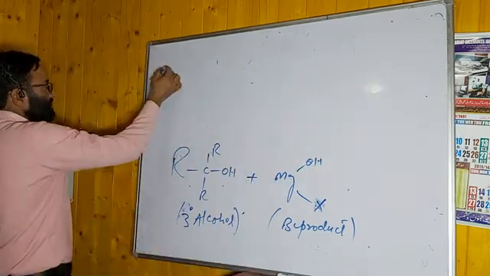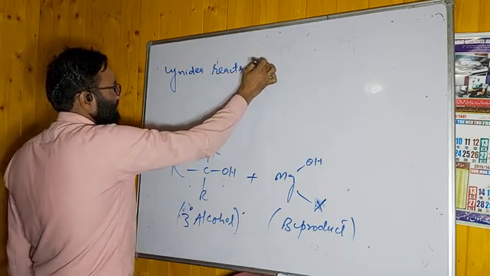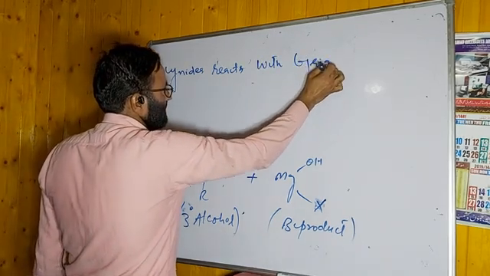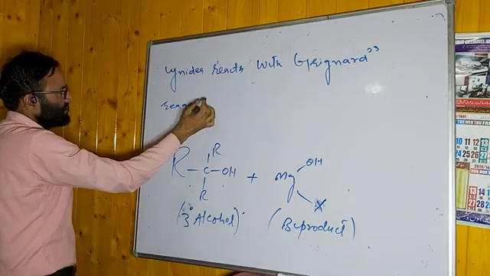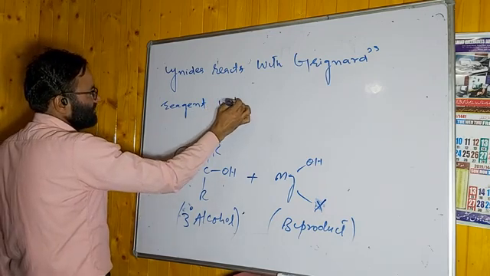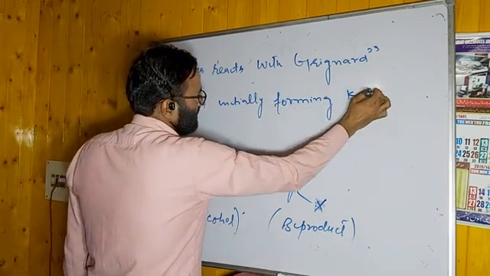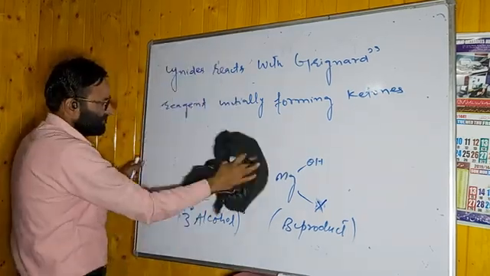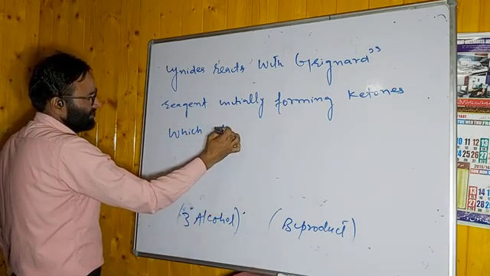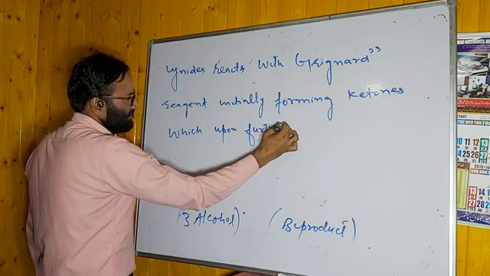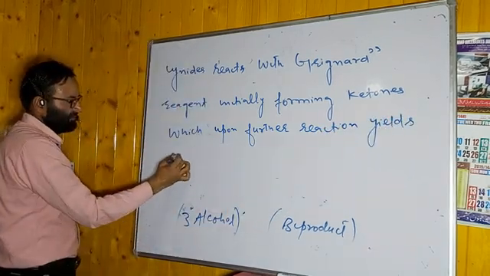You can mention: cyanides react with Grignard's reagent, initially forming ketones, which upon further reaction with Grignard's reagent yield 3 degree alcohols. ये आपको याद रखना है.